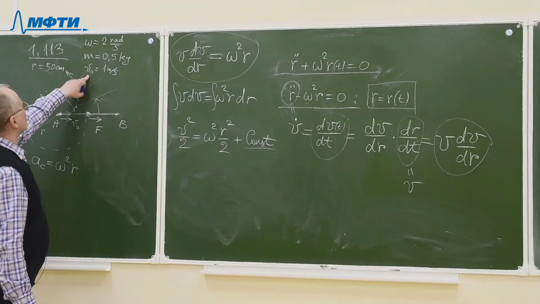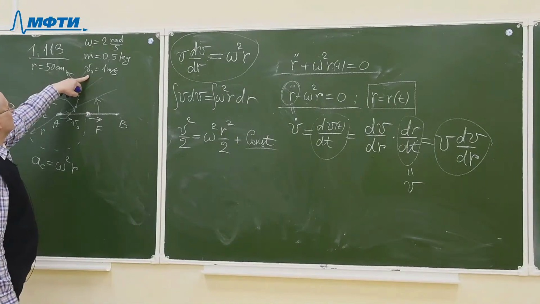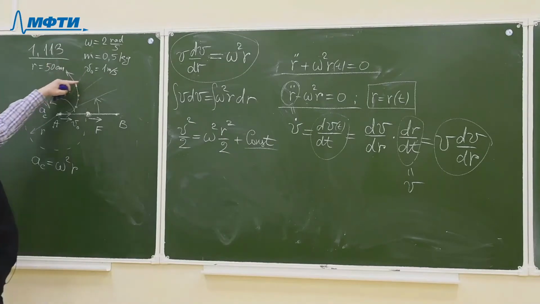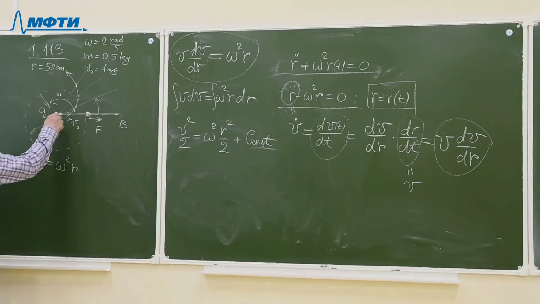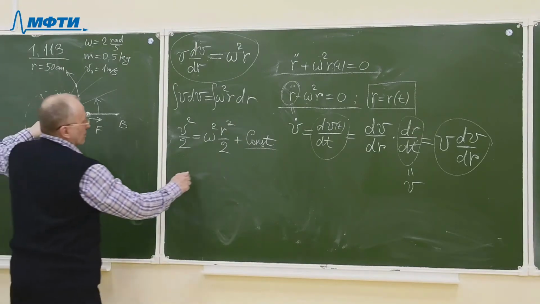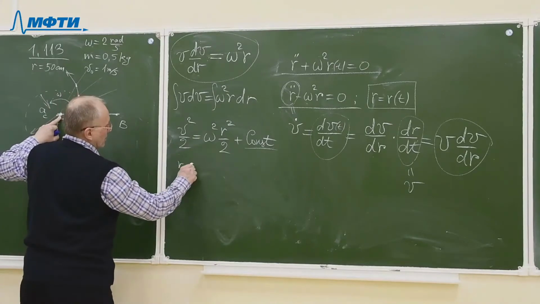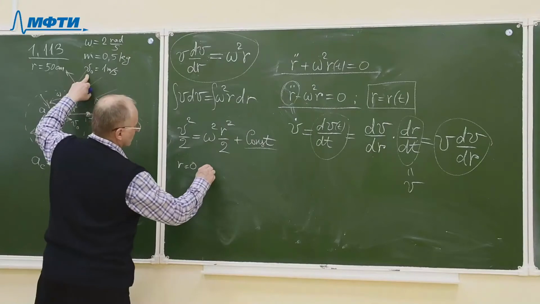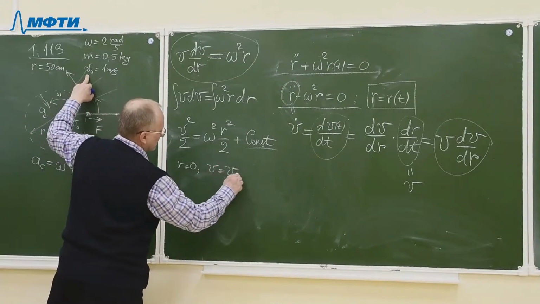It's easy to define it because we know the initial conditions. That is, the initial velocity was v0. It's given in the problem as 1 meter per second. That is the velocity at point A, when the ring was given the initial velocity. So when distance r was 0, at this particular point, the velocity was equal to v0.